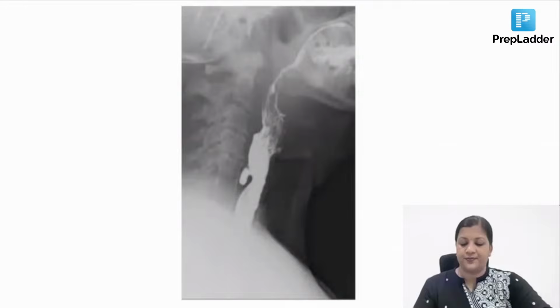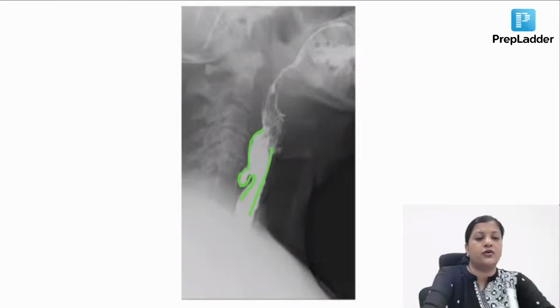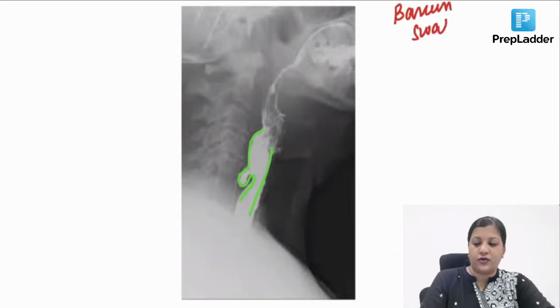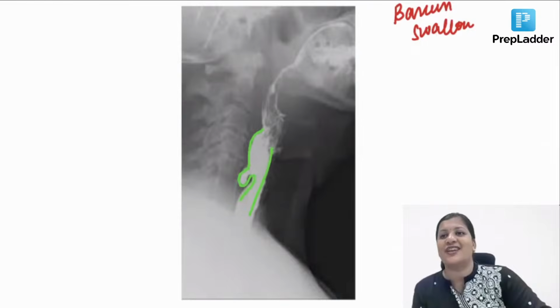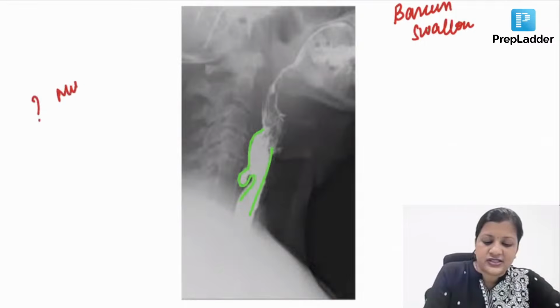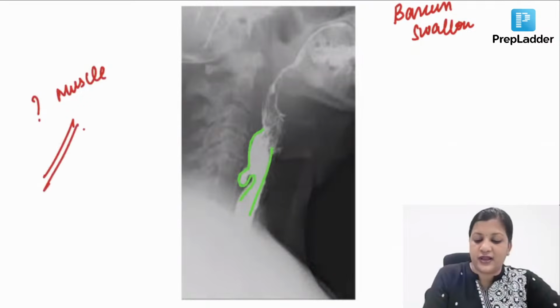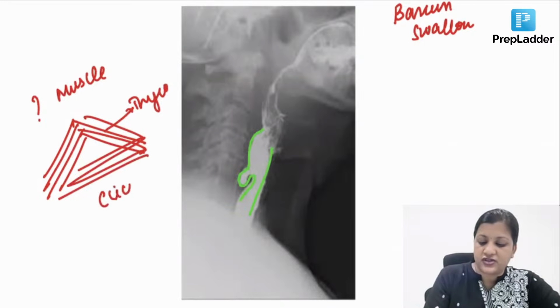What do you see here? This image is showing you something very specific. This is an investigation showing that this is a barium swallow. On barium swallow, you're able to see something very important over here. What is it? Yes, there is outpouching of the pharyngeal mucosa through which muscle? There are oblique fibers of thyropharyngeus, and there are horizontal fibers of cricopharyngeus.